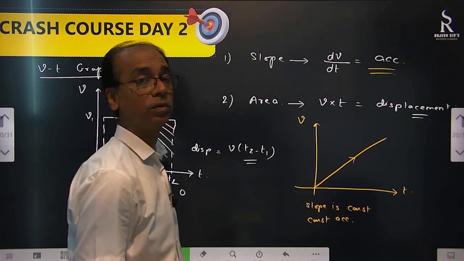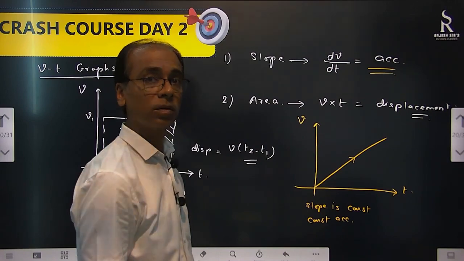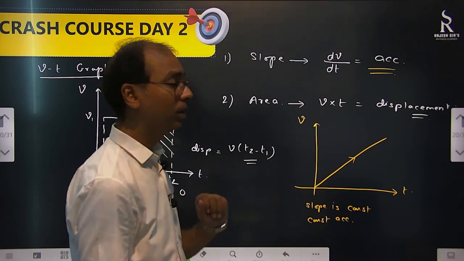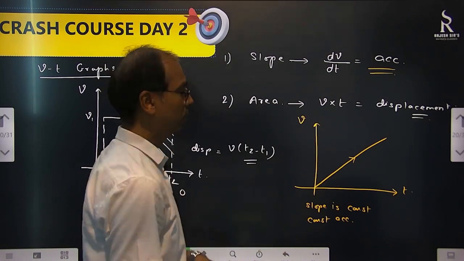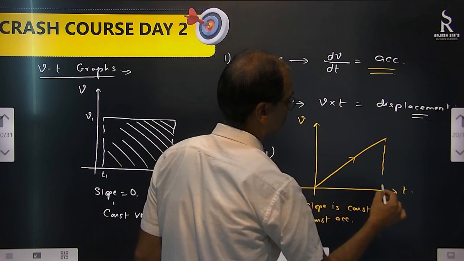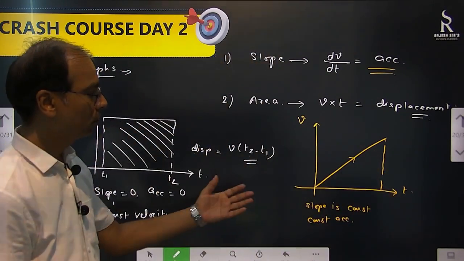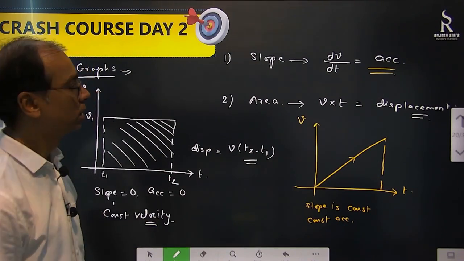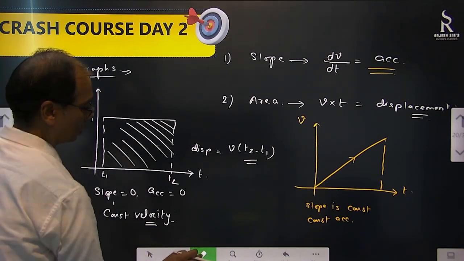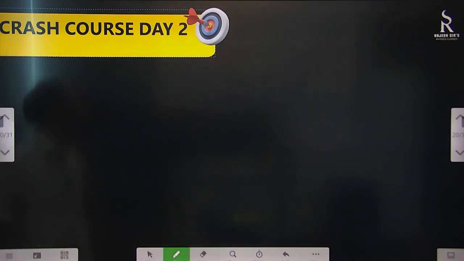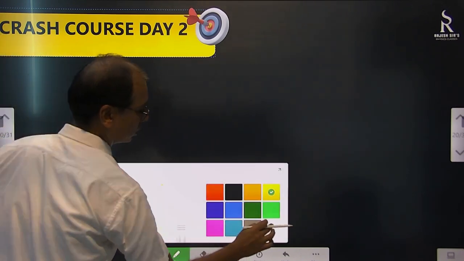Positive acceleration means velocity is increasing. Yes, we can see that here it is 0 and here it is something else. Velocity is increasing, so its slope gives me acceleration. Area will give us displacement. Suppose anyone asks how much it is traveling. Now it's a triangle, half base into height. One more graph, we can make it like this.